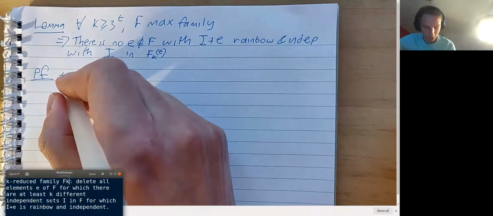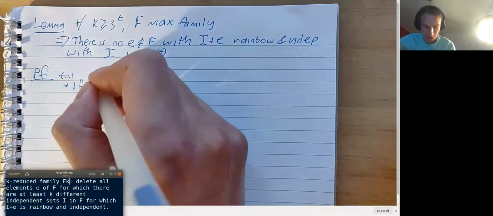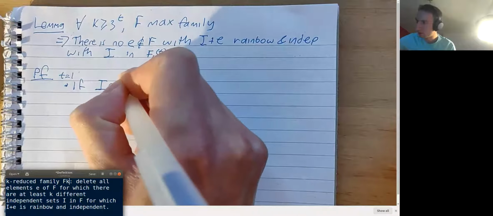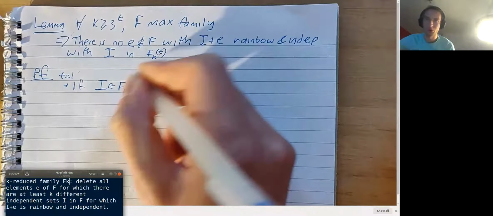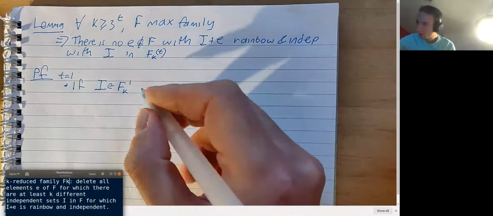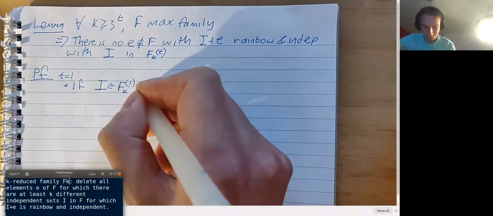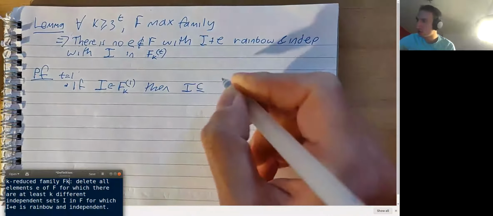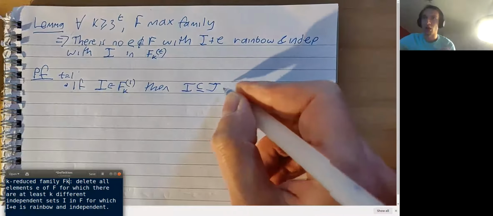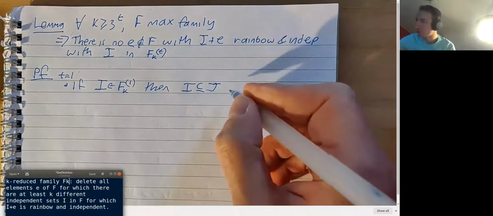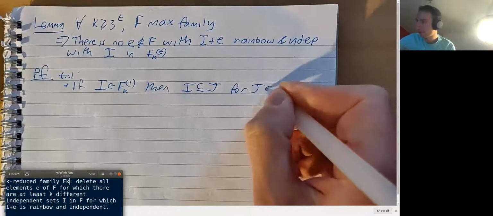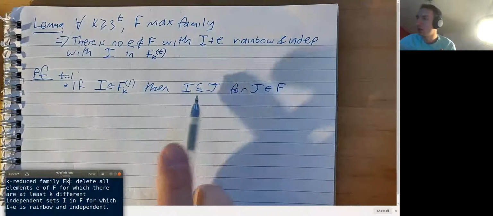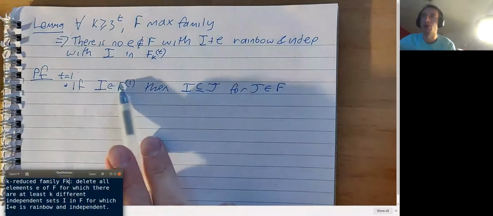So if you have an independent set in the k reduced family where you just reduce it once, then it is naturally contained in some independent set in the actual family, the maximum family which you start with. There's a natural containment between the independent sets in a reduced family and the original family.